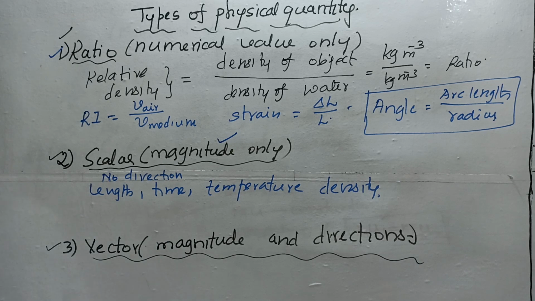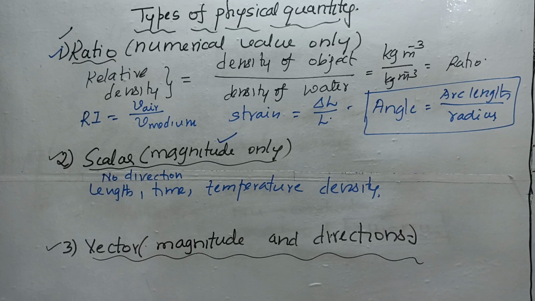They have only magnitude. The magnitude of a physical quantity can be negative. In that case, the negative sign indicates that the numerical value of the quantity is negative. It does not specify the direction.